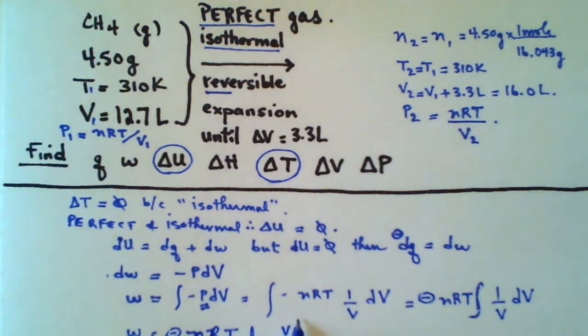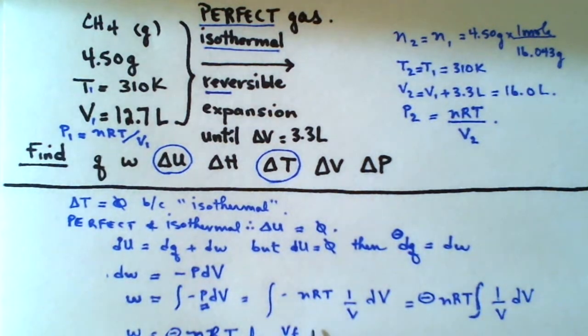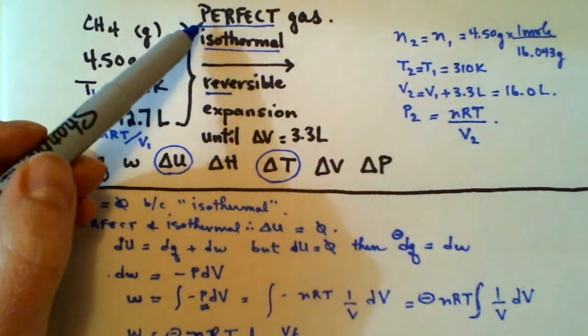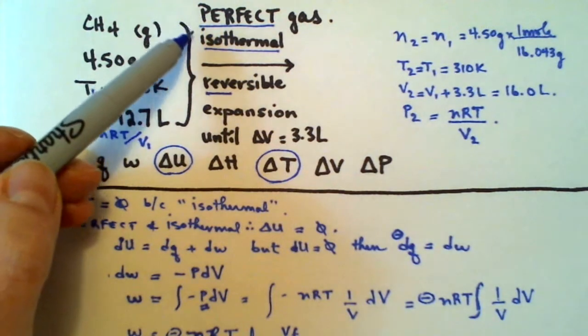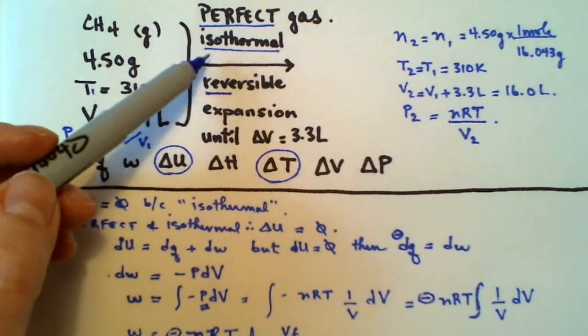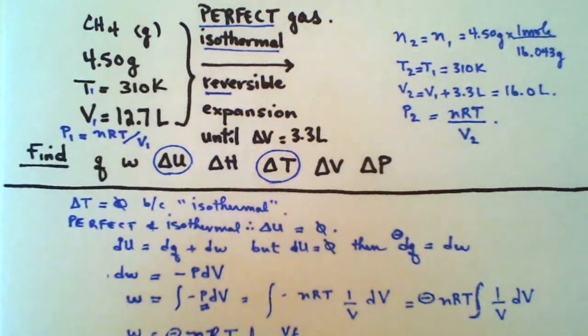People ask me sometimes, can we replace V final over V initial with P initial over V initial? That is true only because it is a perfect gas, so the PV = nRT works, and therefore that ratio works. And it works because it's isothermal.